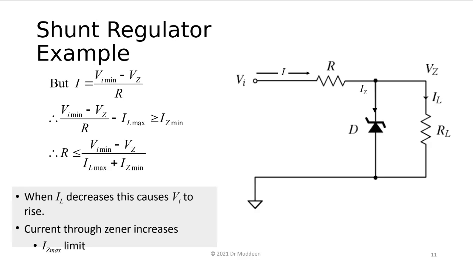So therefore, if you juggle it around a little bit, if you look at this resistor right here, let me circle it a little bit, the current through that resistor is the difference in voltage between the lowest. Remember, the maximum load current gives the lowest value of V in minimum.